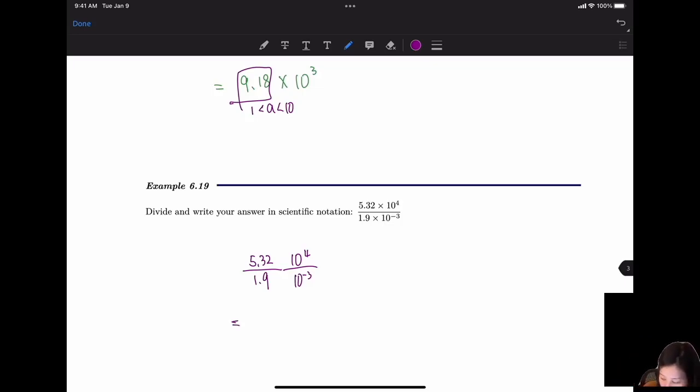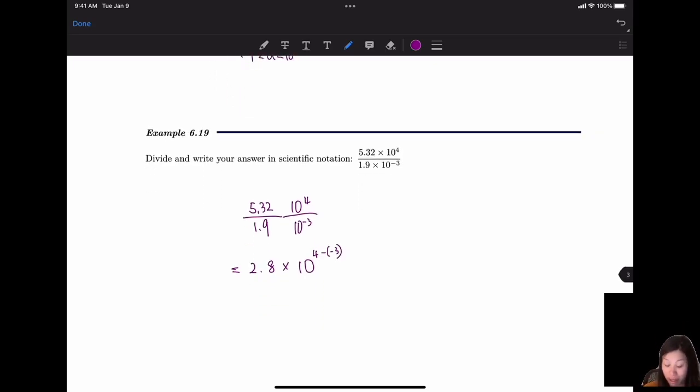So for the numbers, it equals 2.8. For the tens, by the quotient rule, we have 4 minus negative 3. Remember, this is subtracting a negative 3, so that equals a positive number. And again, the 2.8 is between 1 and 10. That means we're good.